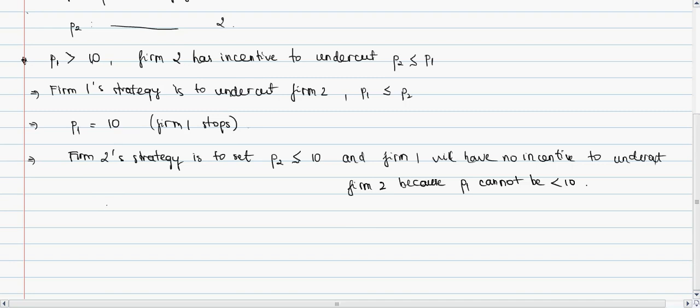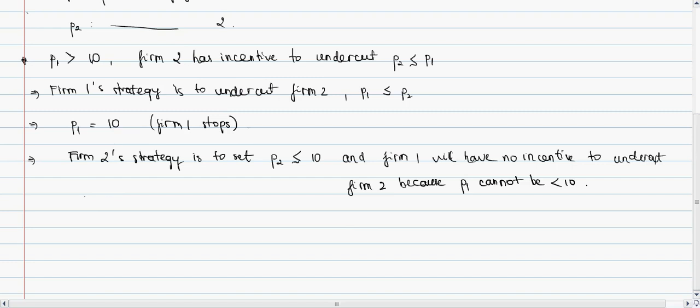So firm 2 will just set the price which is a little bit smaller than 10, and firm 1 will have no incentive to undercut, so firm 1 is just standing there, not doing anything, and firm 2 will set the price and capture the whole market.